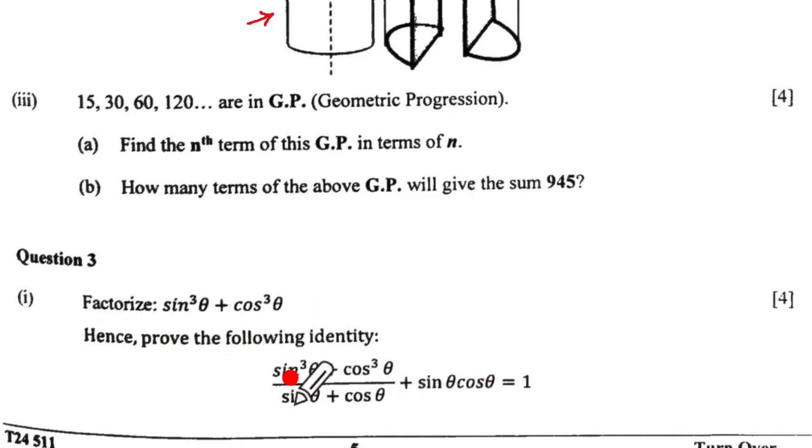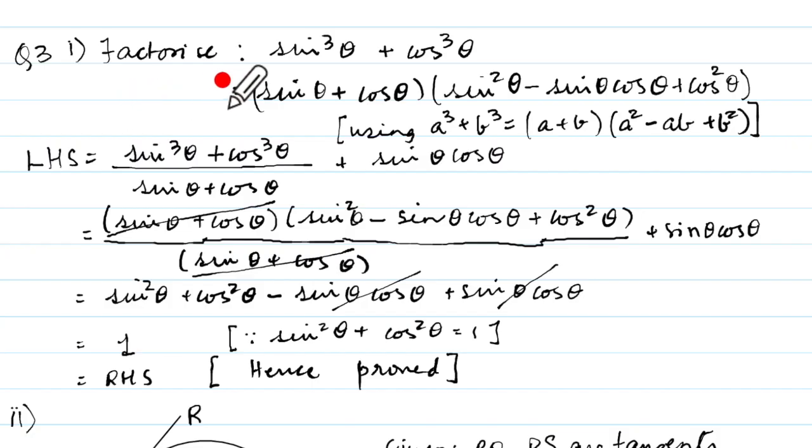So we'll first factorize, then we'll write LHS equal to this. We'll solve it to get RHS equal to 1. This again was a 2-mark question. First part asked us to factorize. So we use a cube plus b cube equal to a plus b into a square minus ab plus b square.